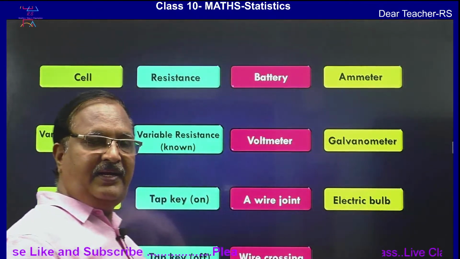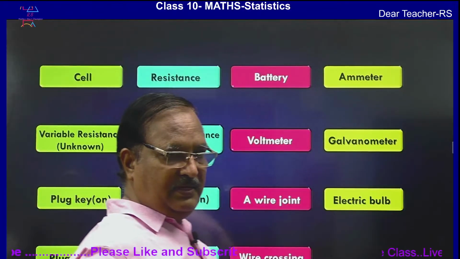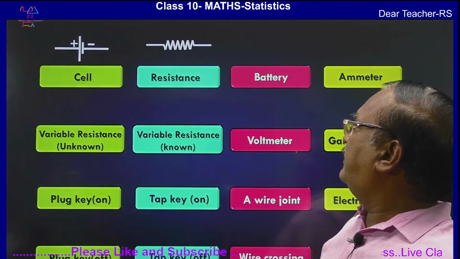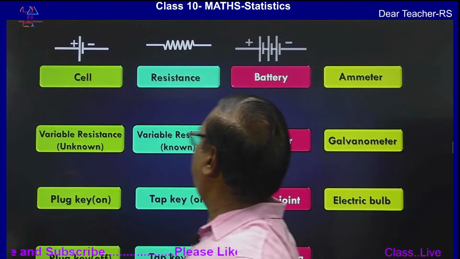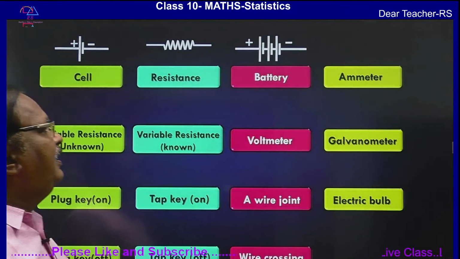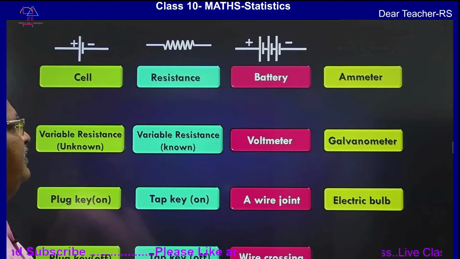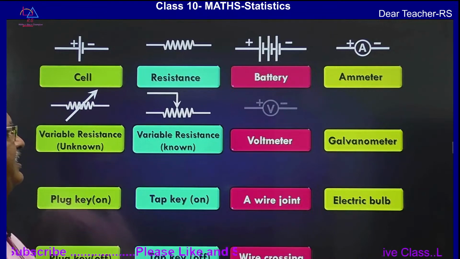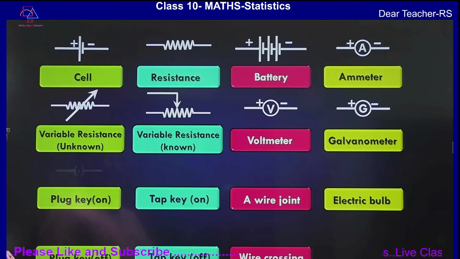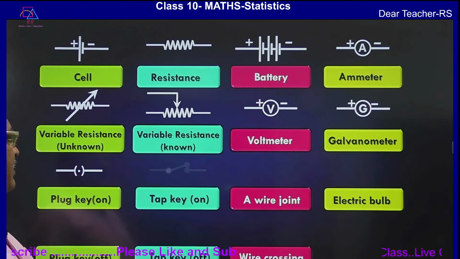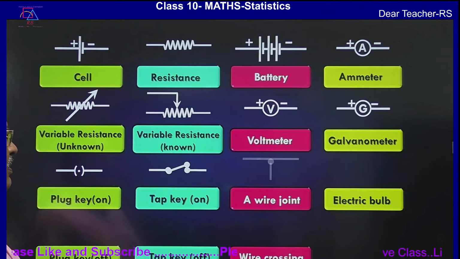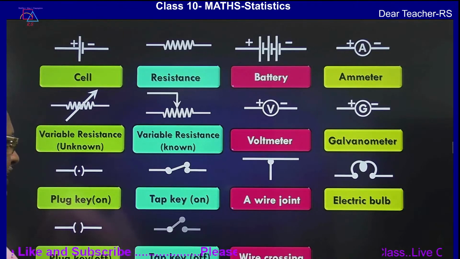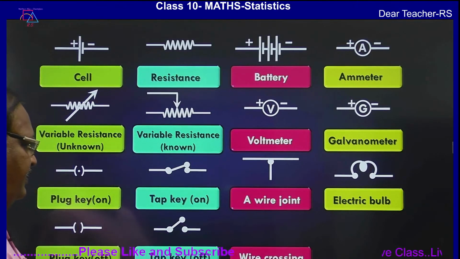So definitely it will help. All right. So: cell, resistance, battery, ammeter, variable resistance known, voltmeter, galvanometer, plug key on, tap key on, wire point, electric bulb, plug key, tap key, and wire crossing. Okay.